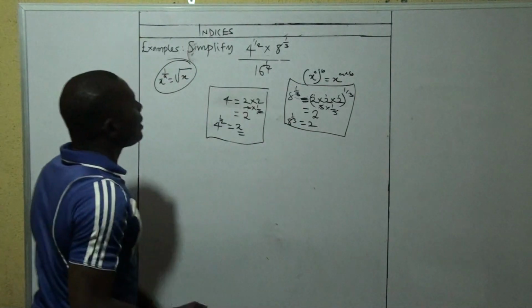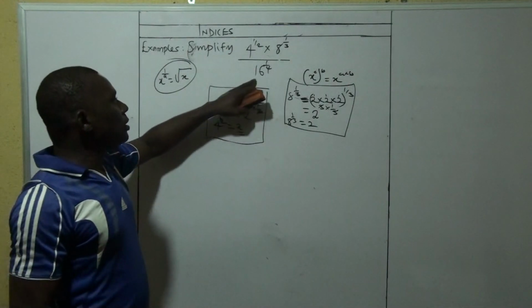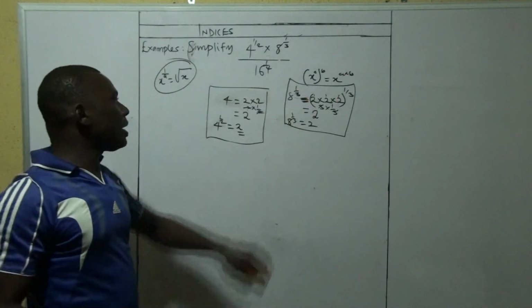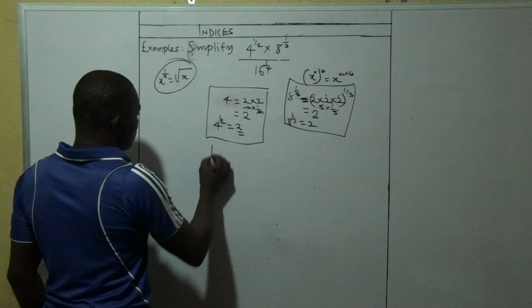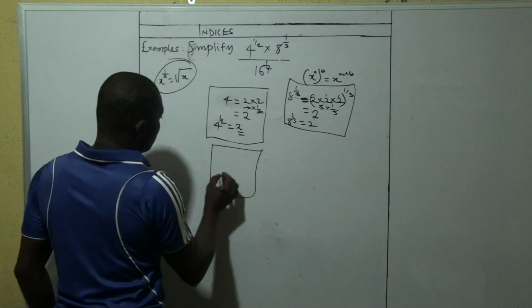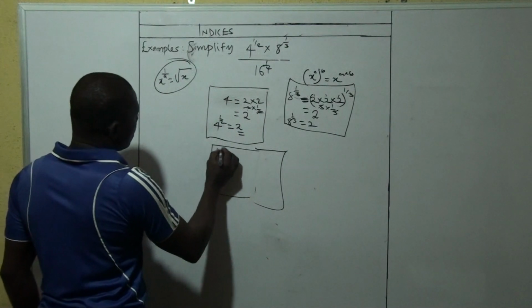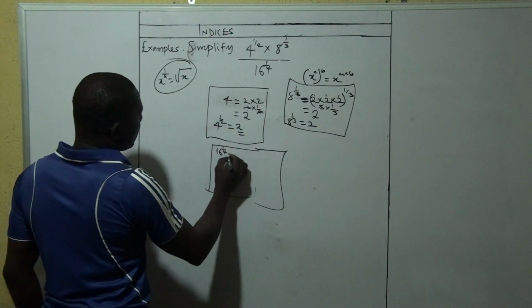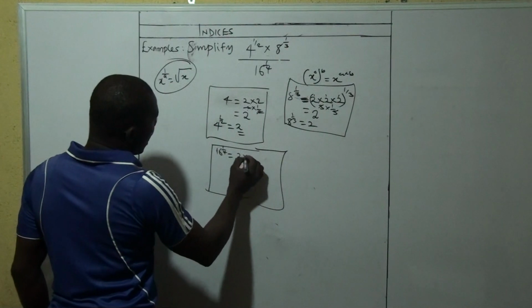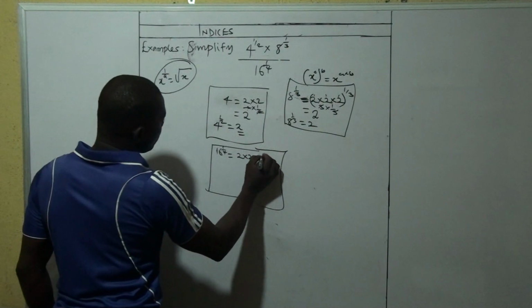So let's try 16, expressing 16 as a prime as well. This one means 2 times 2 times 2 times 2.